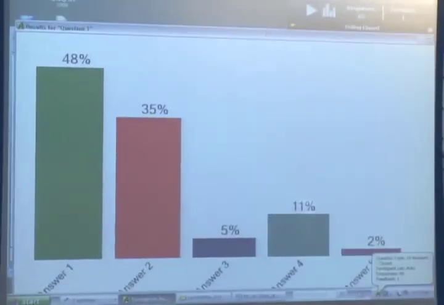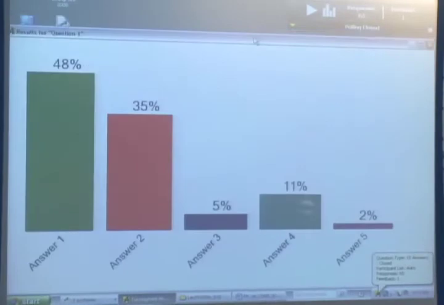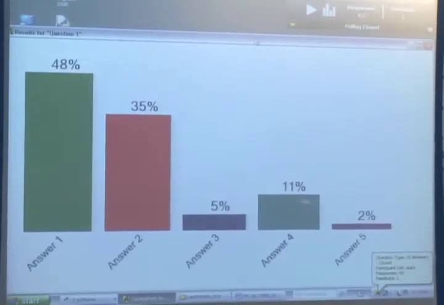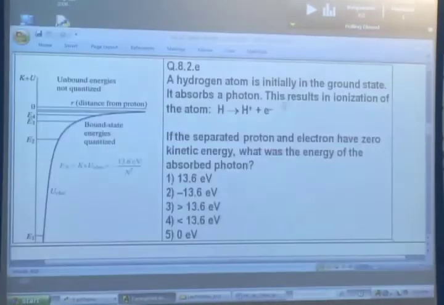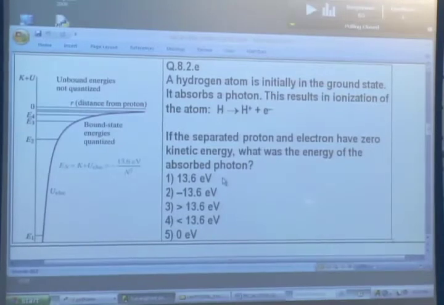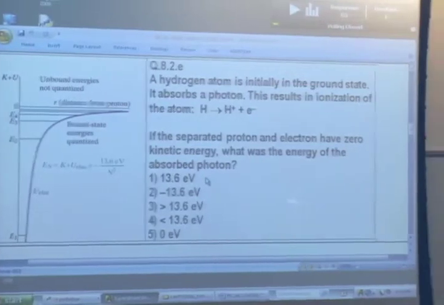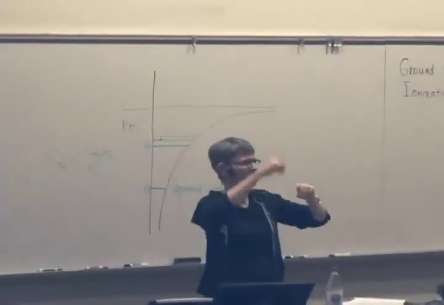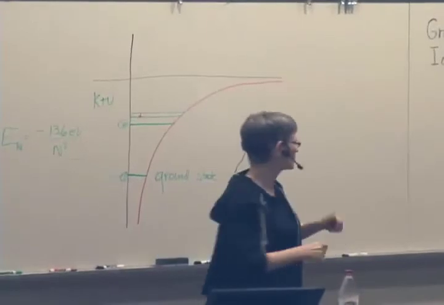Now, it's true that we haven't really discussed this, but those of you who said 13.6 eV, which is indeed the correct answer, may have been thinking about something to do with what we've talked about: bound systems and spacecraft escaping from the Earth or a comet escaping out of the sun's orbit.